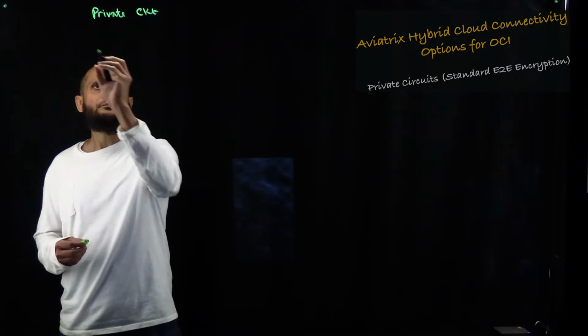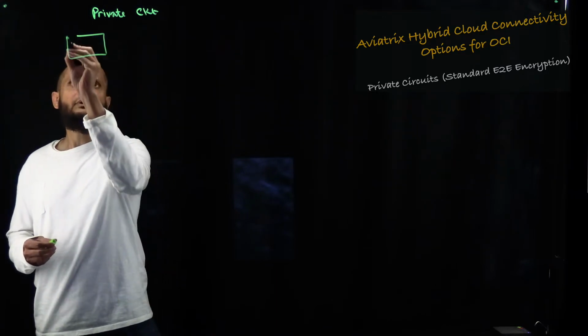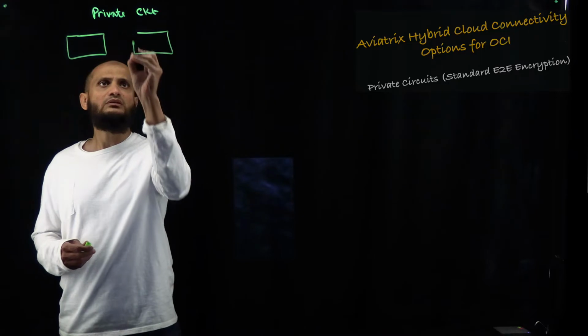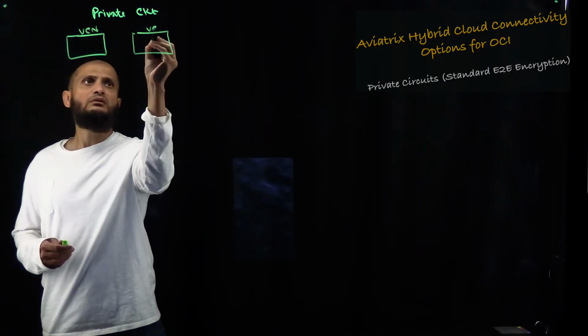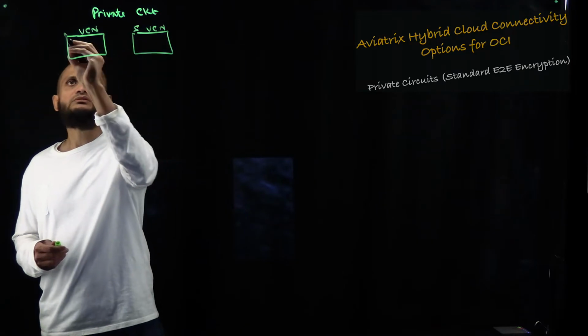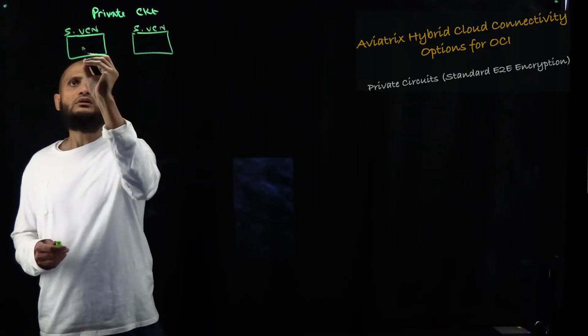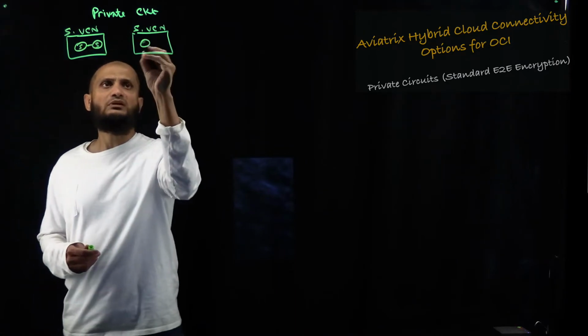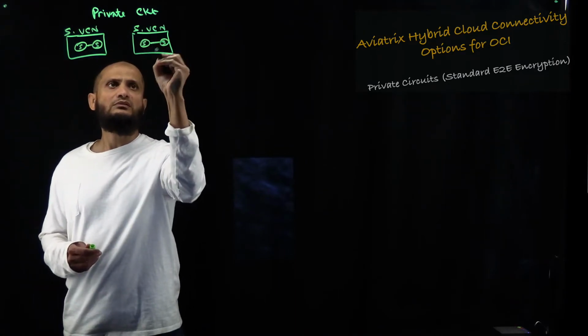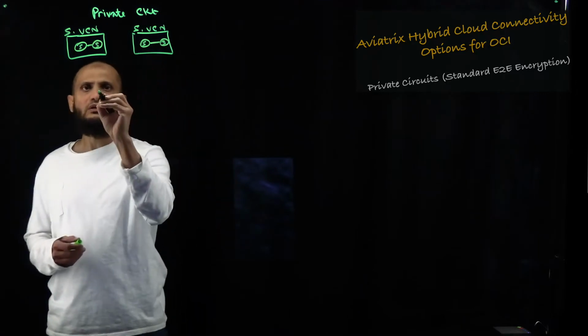So here, I'm going to draw the Aviatrix transit architecture with Aviatrix spoke VCNs on top. These are the spokes. And here we have spoke gateways. These are Aviatrix spoke gateways.